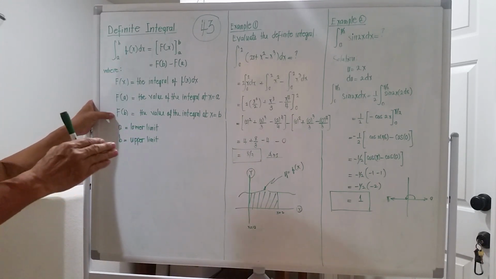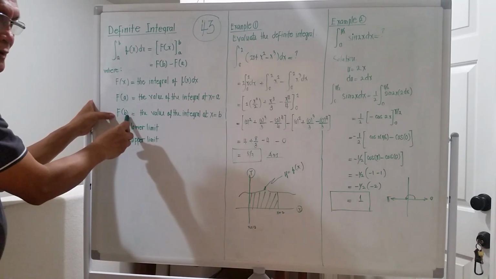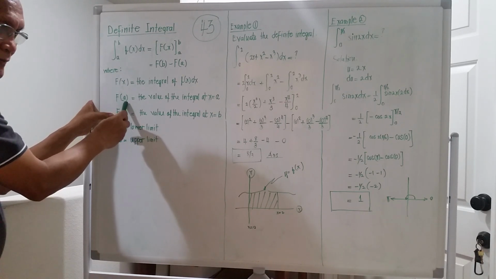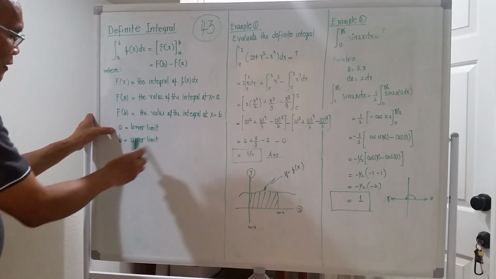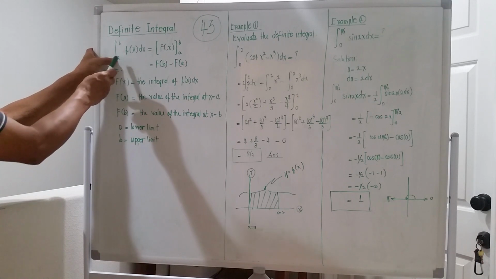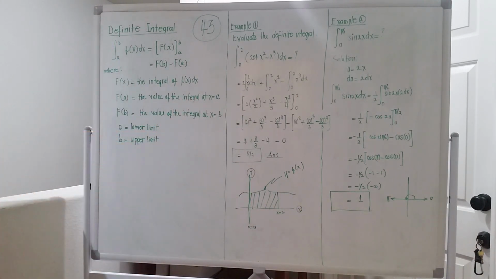Meaning the value of F of x when we substitute the upper limit. This is the value when we substitute the lower limit. Where a is equal to the lower limit and b is equal to the upper limit. A is the lower limit, b is the upper limit. That's just a definite integral.